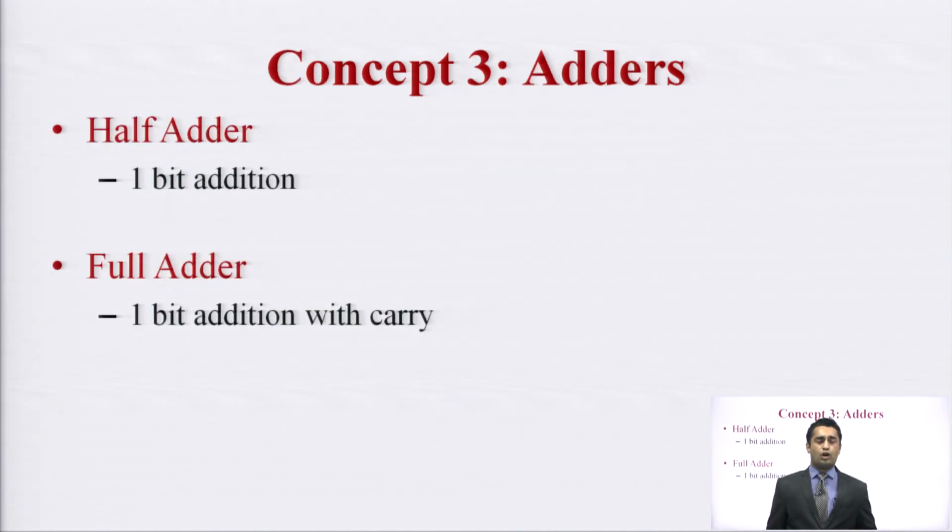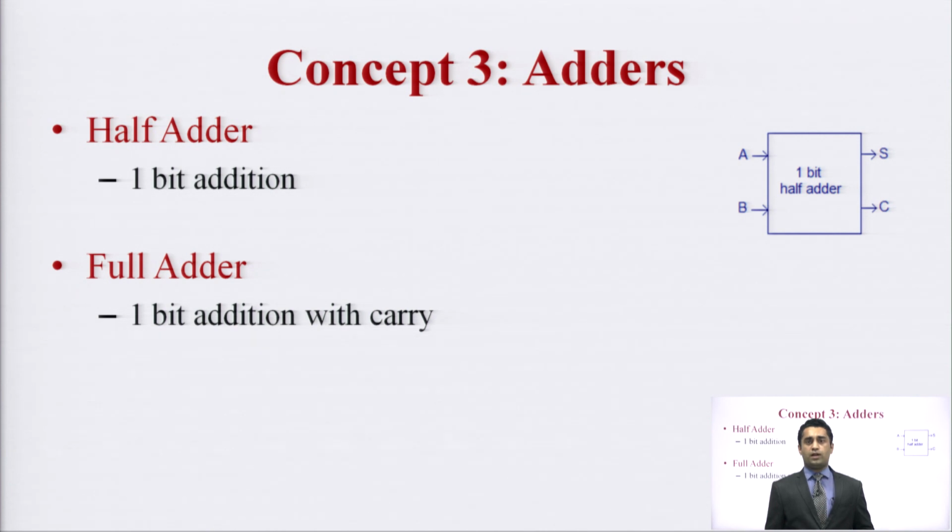The third and important concept is the use of circuit adders. There are two types of adders, half adder and full adder. Adders generally perform the operation on bits. I am taking an example where A and B are 1-bit numbers and in processing I am getting two things, as I said, sum and carry.